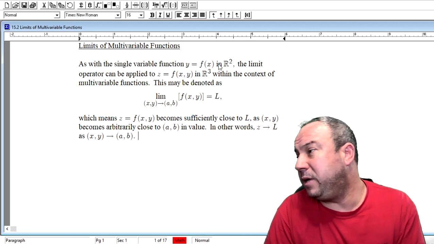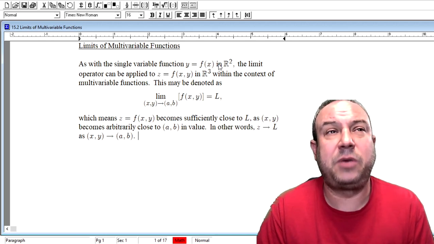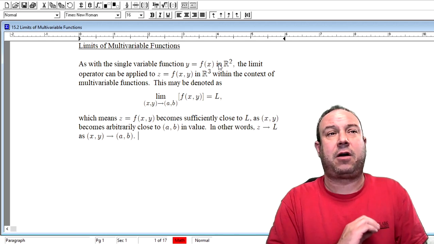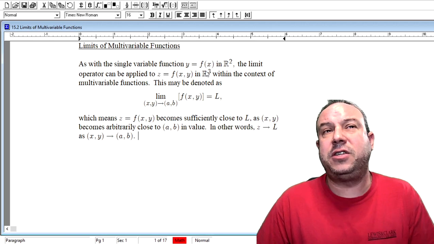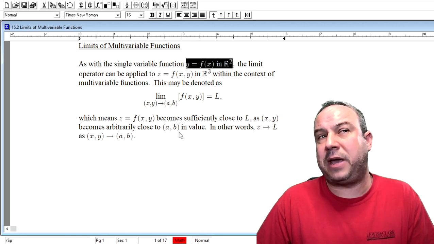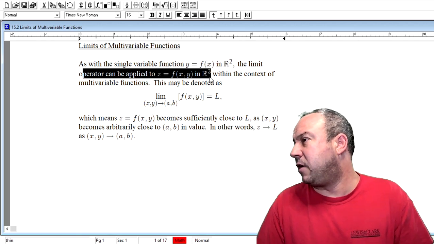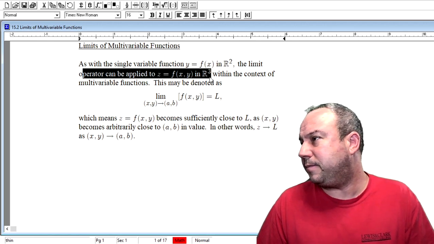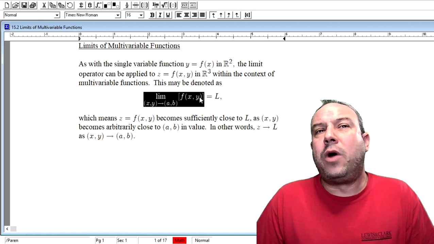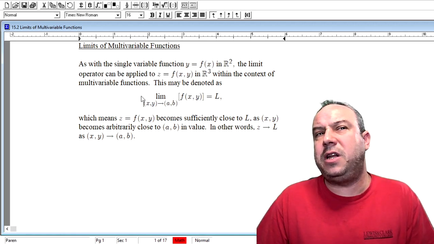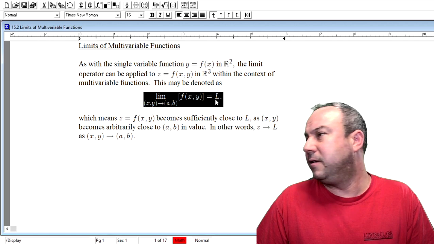But where I do begin here is I go back to what I've opened with already. As with single variable functions, y equals f of x in two-dimensional space, you can take that limit operator and apply it to a multivariable function in 3 dimensions. When applied to a multivariable function in 3 dimensions, this is our understanding.